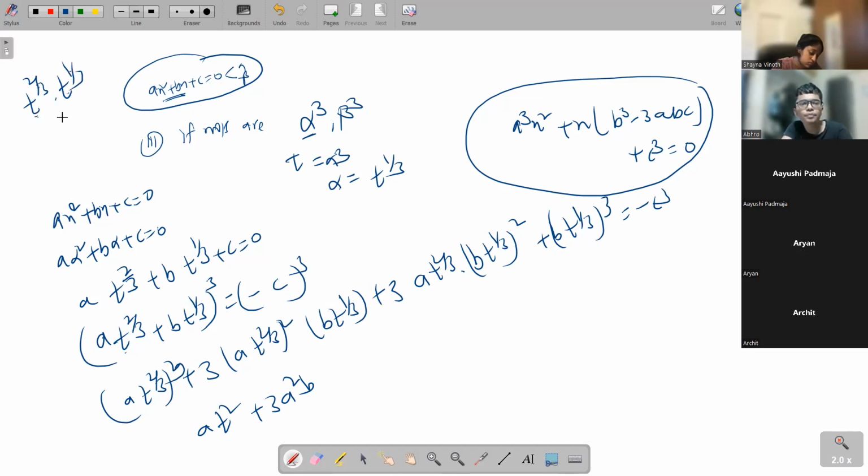If bases are the same, powers will add up. Then 3ab square.